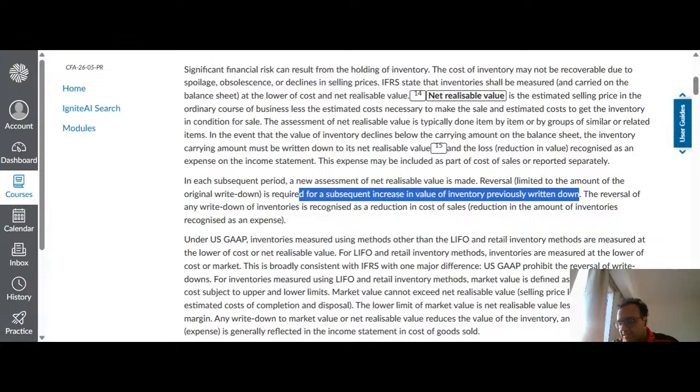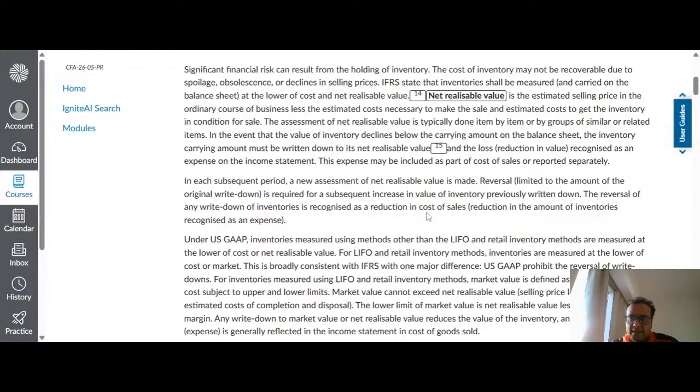But अगर let's say for some reason people altogether decided that okay, मेरे को बड़ा phone नहीं पसंद आ रहा है, I want a smaller phone, and therefore the demand for iPhone 13 increases substantially, or that let's say the sub-Saharan or African market wants to buy Apple product at a cheaper rate, and therefore there is a market of iPhone 13 in that, and therefore NRV again becomes 110,000, which means that I will need to reverse the amount of write-down which I had earlier done. It is recognized as a reduction in the cost of sales because आपका cost of sales कम हो गया अभी.